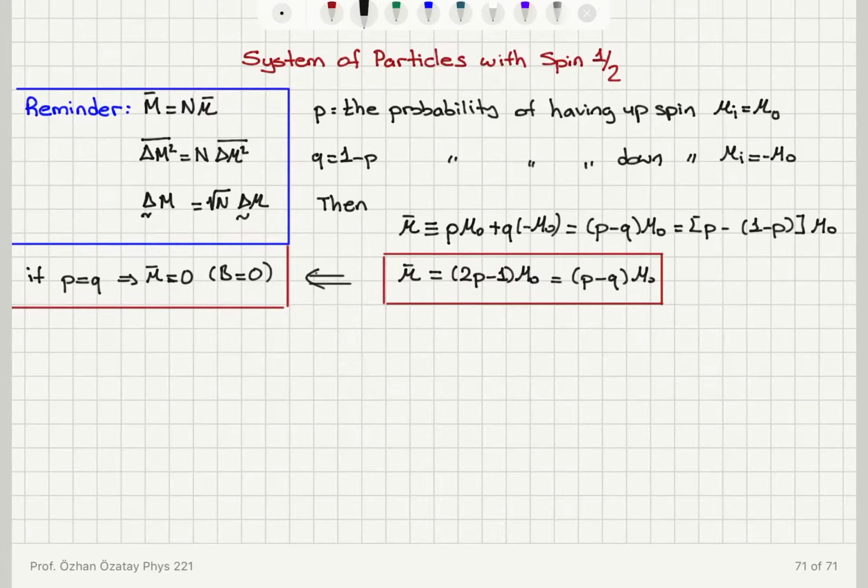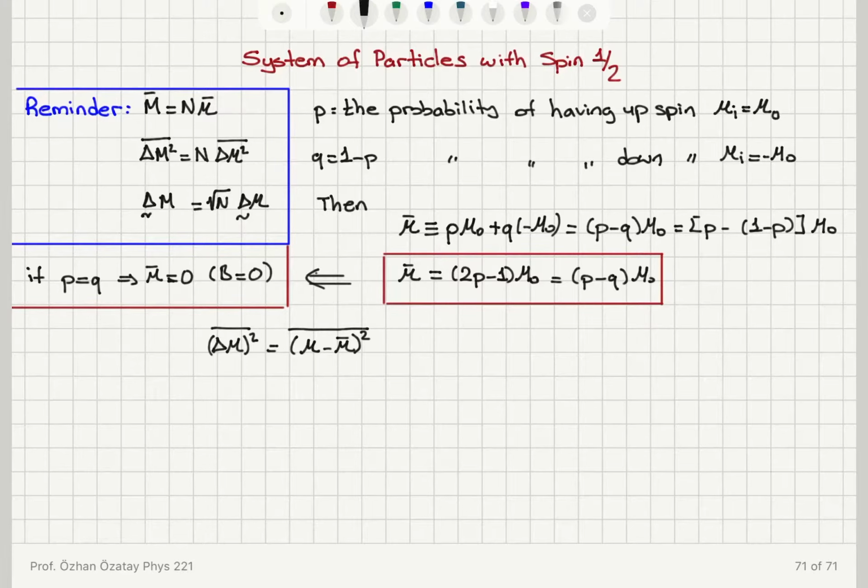Now I need to find the dispersion of the magnetic moment per spin. So that's going to be the deviation from the average value, (mu minus mu bar) squared, averaged.